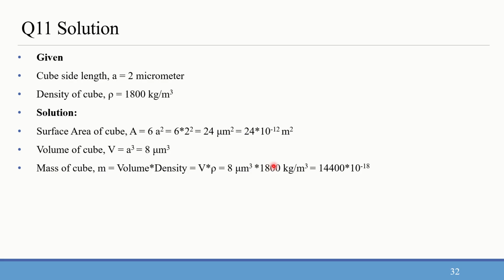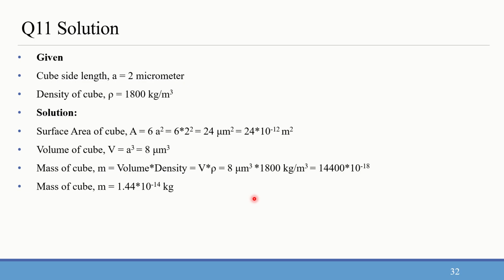So 8 into 1800 gives 14,400 into 10 power minus 18 kg, or 1.44 into 10 power minus 14 kg. That is the mass of the cube.